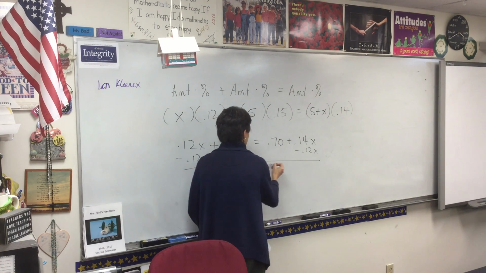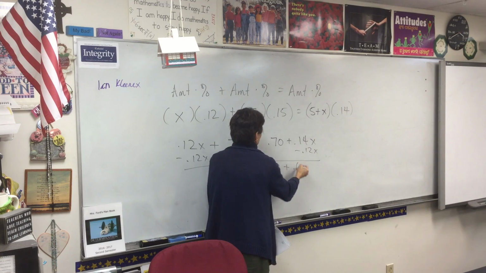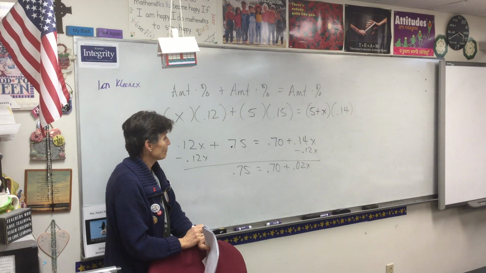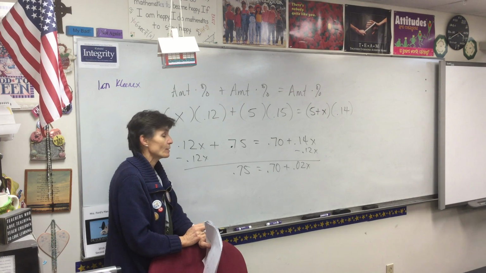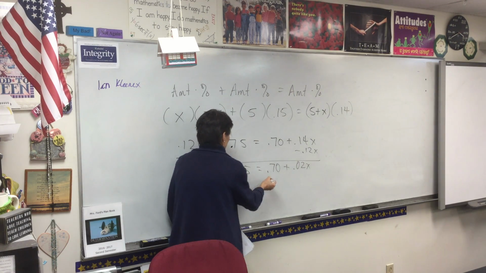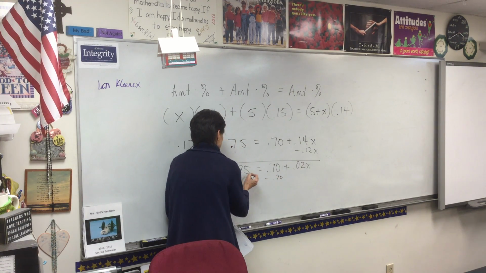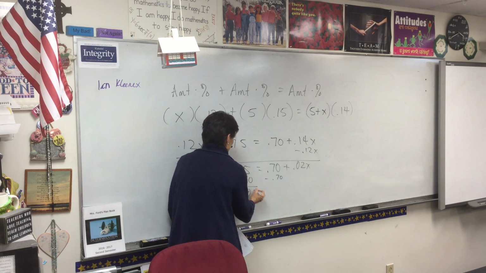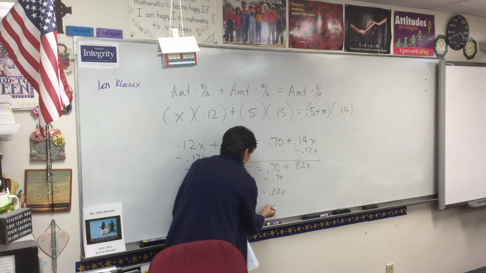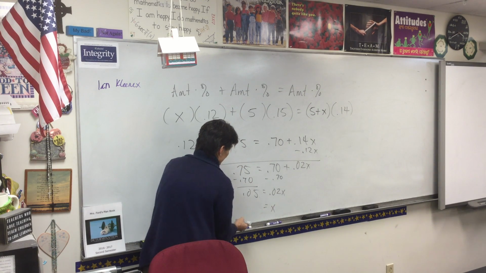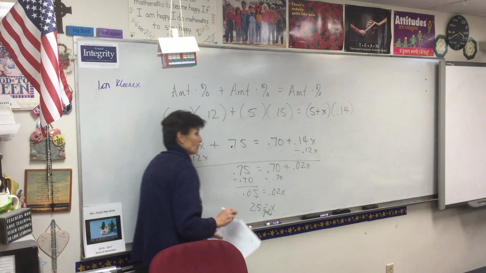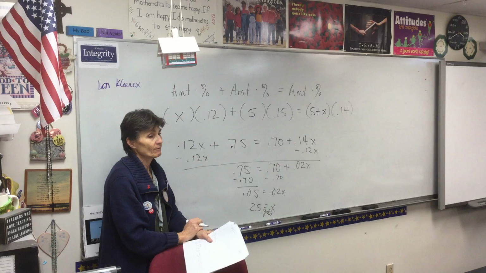I'm writing out all my steps, even though you don't need to do that probably. Remember, when you subtract 0.14 minus 0.12, you get 0.02. So now I'll subtract this from both sides. And it looks like x is going to equal, if I divide both sides, 2.5. And that will be gallons, 2.5 gallons.